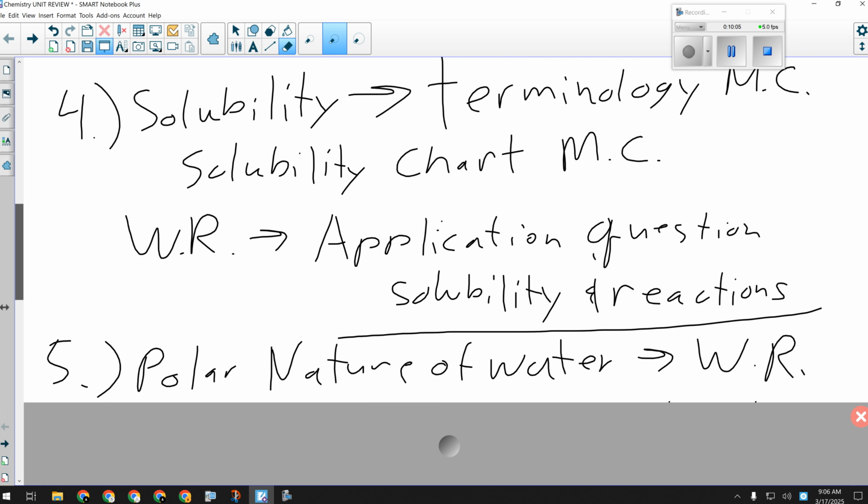Also some of the behaviors that a polar molecule would display, like hydrogen bonding, causing cohesion and adhesion. That would be important. And then a place where you've seen that applied, or where it might apply.